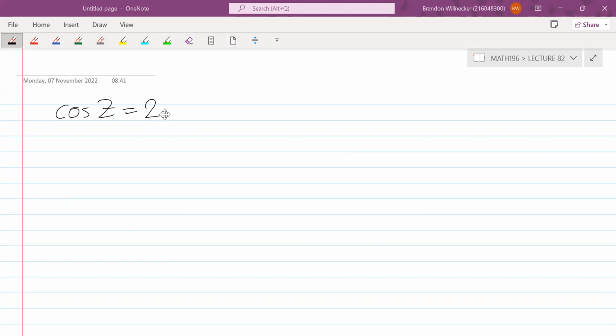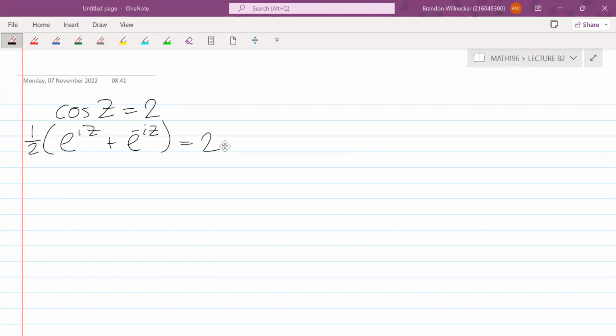Okay, so what we do now is we rewrite cos of z in terms of the exponentials, because remember cos, that's just the name that we give it. If we're dealing with complex numbers, we need to write it in terms of the exponential form for us to actually do anything. So this is going to be 1/2 e to the iz plus e to the minus iz, and that's equal to 2. Okay, so now we can do some work with this.